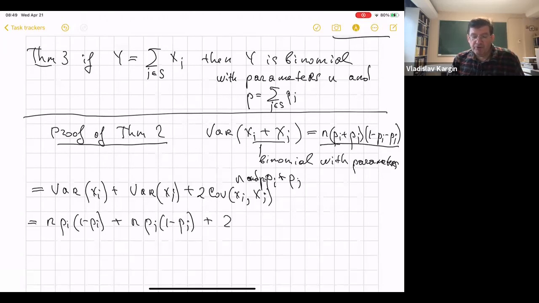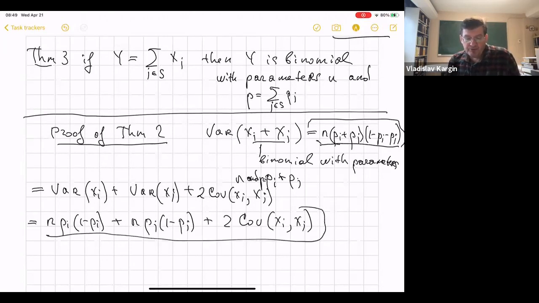And this is what we want to calculate, we don't know it yet. But now we can calculate it because we know that this variance is equal to this quantity here, and it's equal to this thing on the other hand.